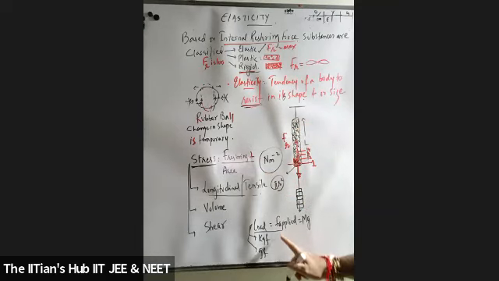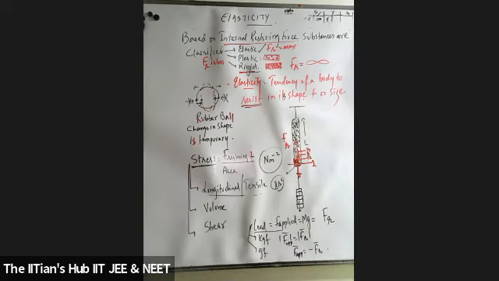That means, students, your applied force and restoring force are both equal in magnitude. This is the applied force. But are they in the same direction or in opposite directions? They are in opposite directions.